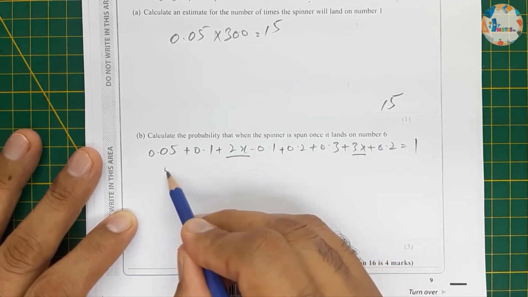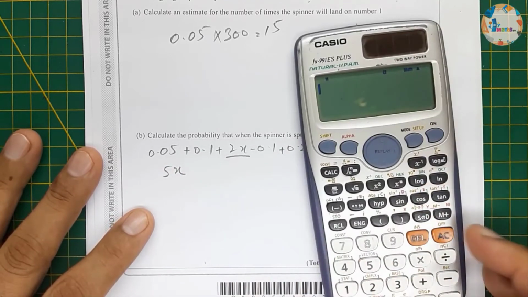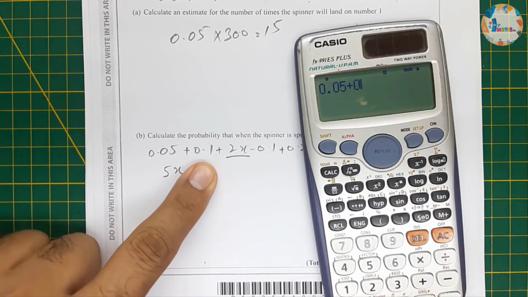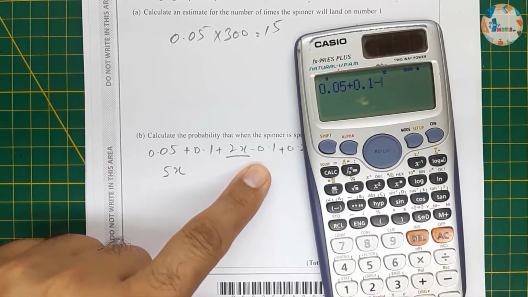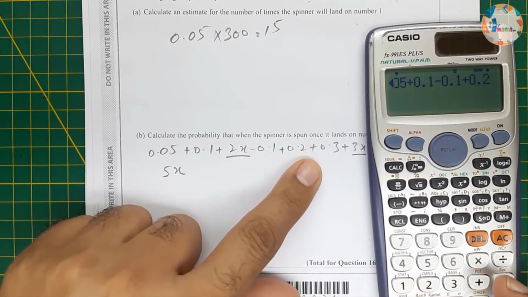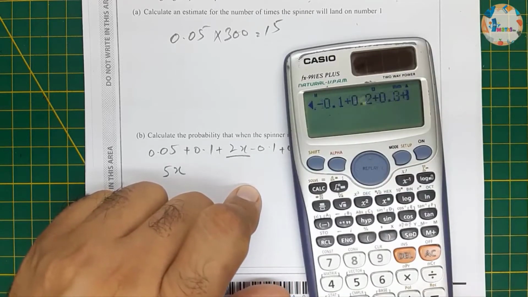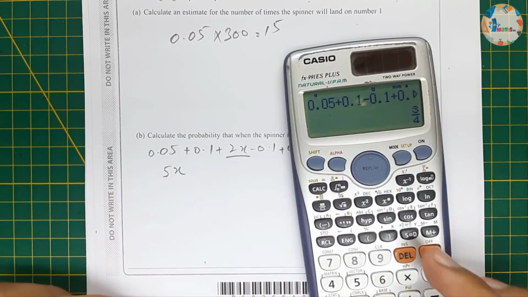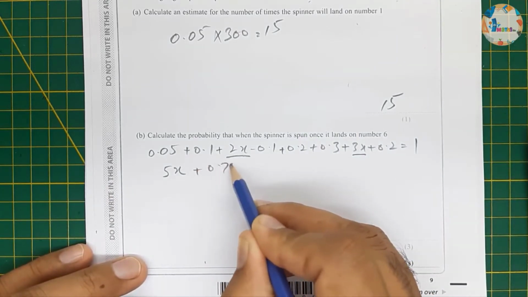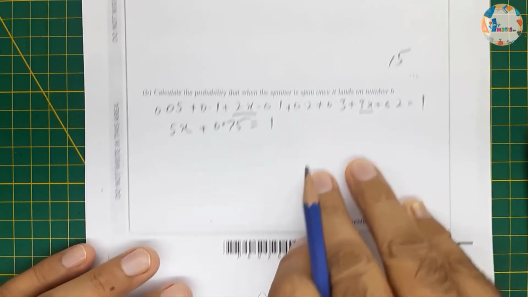So first of all we will write 5x, and these probabilities we will be adding: 0.05 plus 0.1 minus 0.1 plus 0.2 plus 0.3 plus 0.2, this is adding up to 0.75. So plus 0.75 is equal to 1.